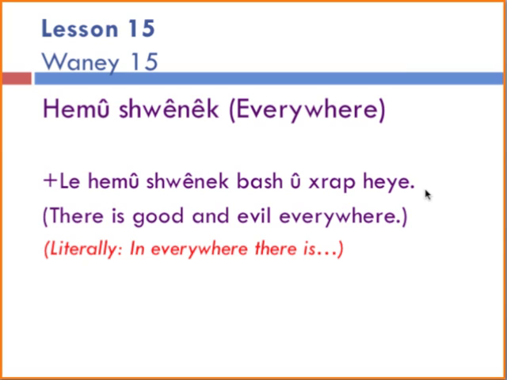There's good and evil everywhere. Literally we're saying in everywhere there is. You can also say it with "good is and evil is." Some people might say bashe and khrape instead of bash and khrap. They are basically the same thing.